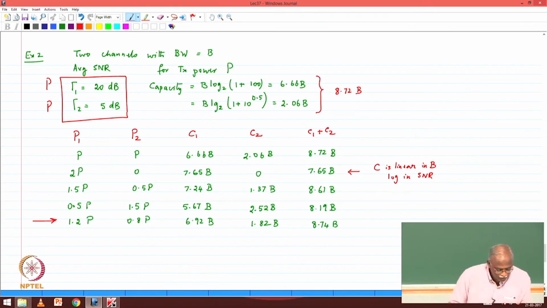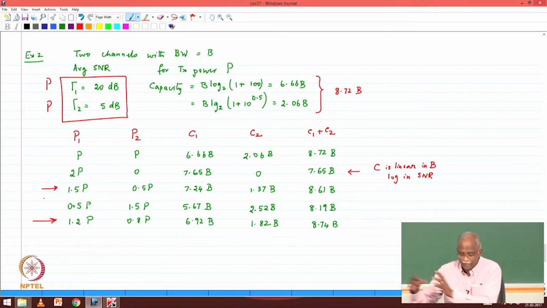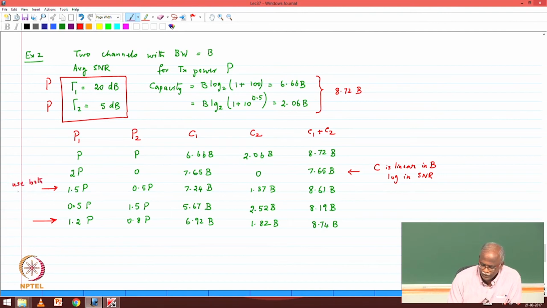Okay. Now, obviously, this says that if you don't want to take it away, use both channels. That's going to be the strategy. But do not try to equalize the power, because giving more power to the bad channel is not going to help us.